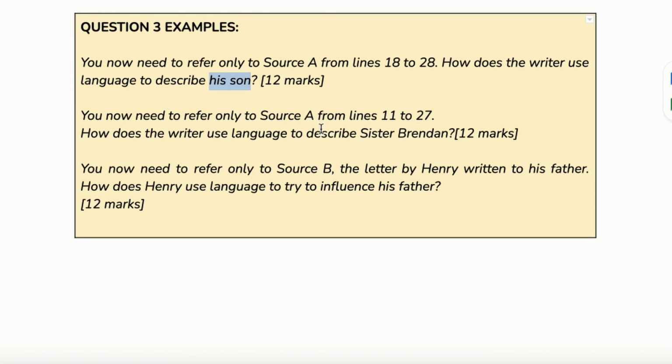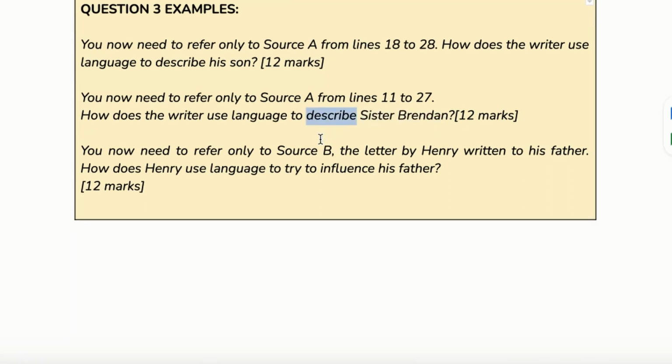The second one is similar, describe Sister Brendan. So again, characterization of this character. Describe as in description. This one is tricky because it's two texts in Source B and they only want you to look at the letter by Henry. When I practice this full paper with a lot of my students, they just forget this and try to look at both letters.